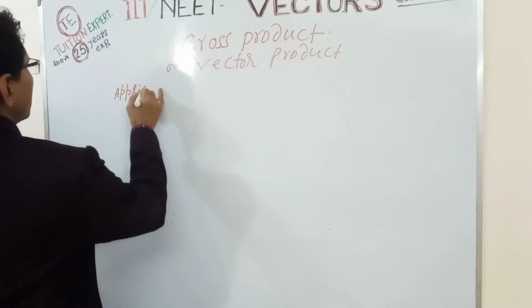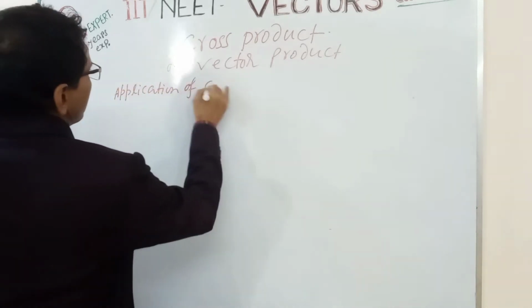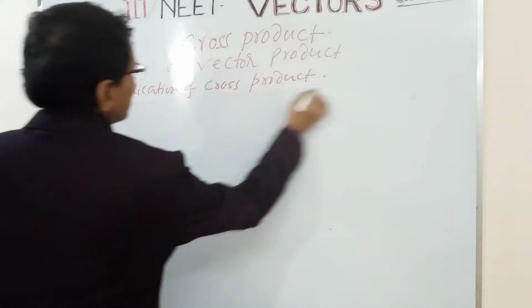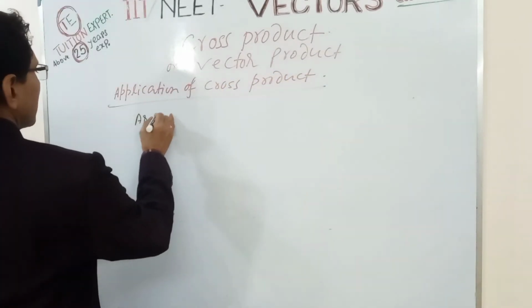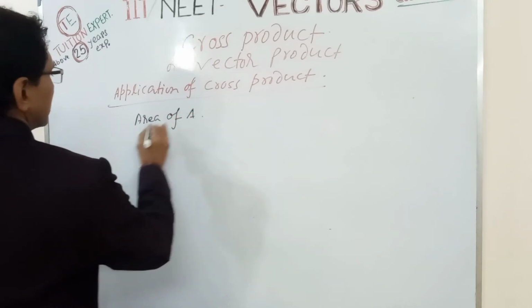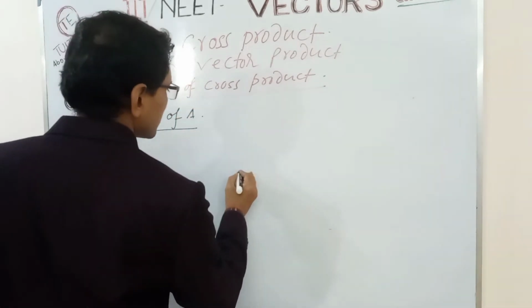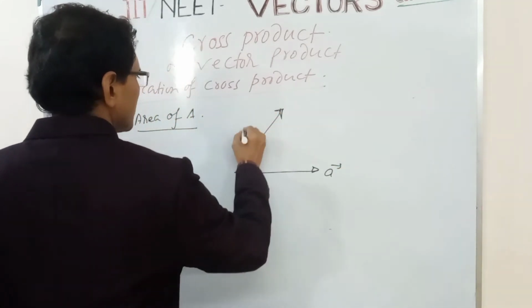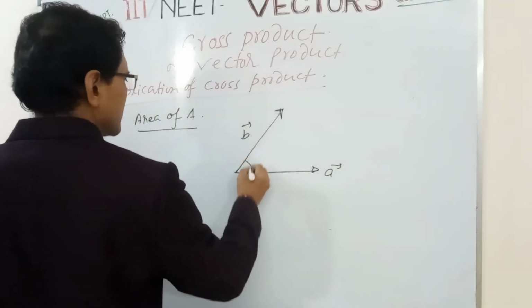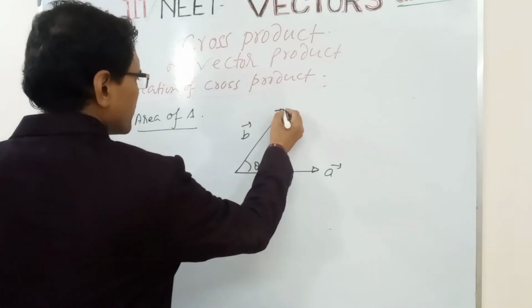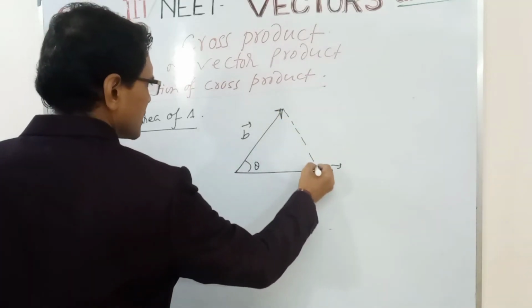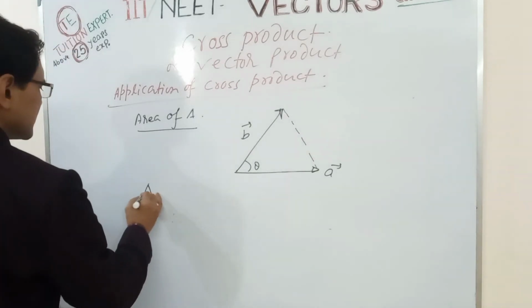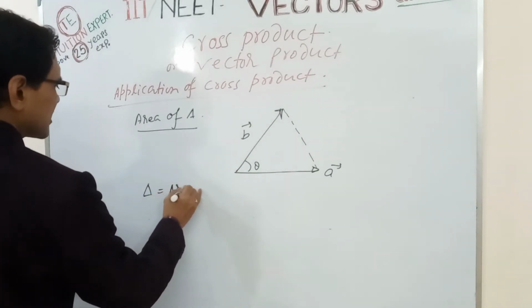Application. Triangle. First, suppose two sides of a triangle are A and B. The angle between A and B is theta. We have to find the area of the triangle.